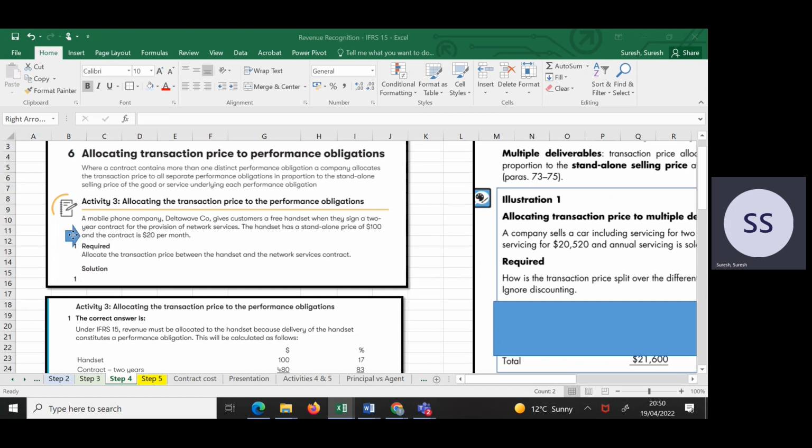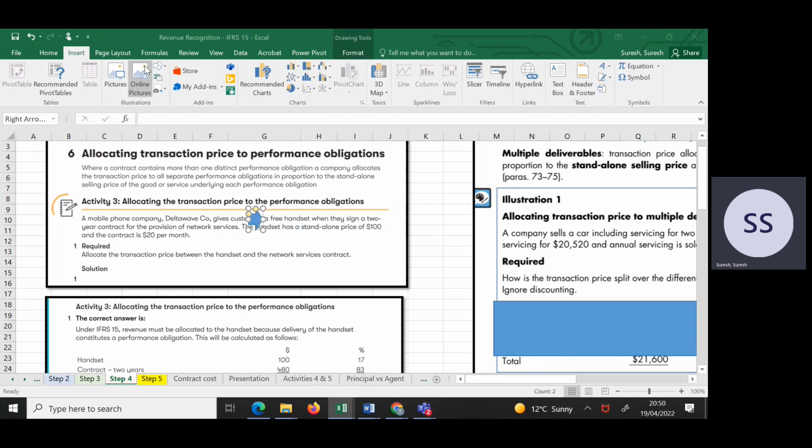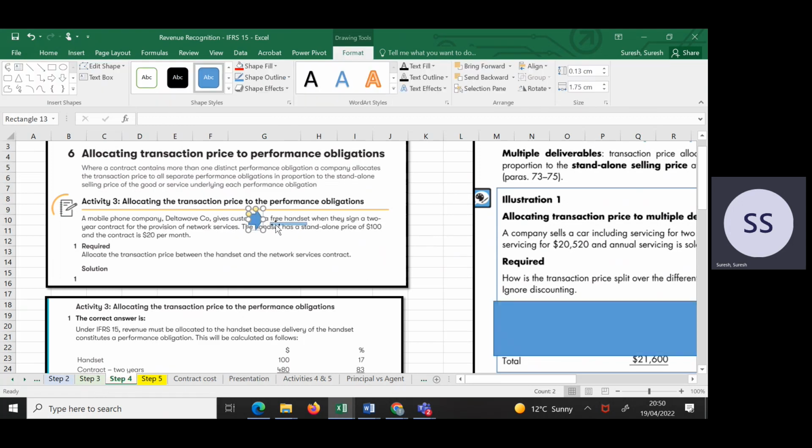In this video, we have a mobile phone company, and the name of the company is Delta Wave Company, which gives customers a free handset. Here it's important to understand clearly that the handset was given for free when they sign a 2-year contract for provision of networking services.